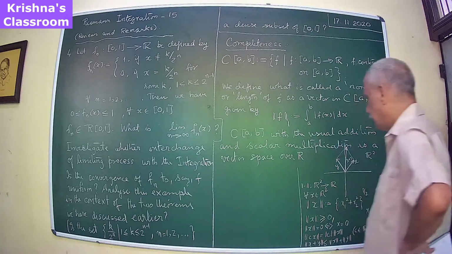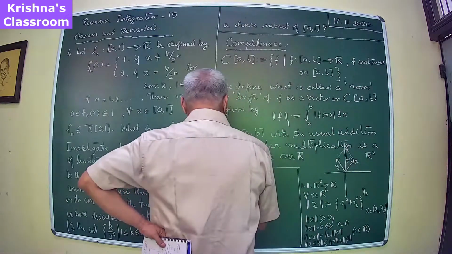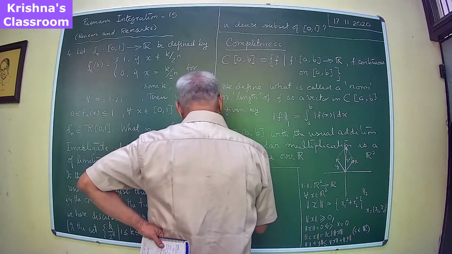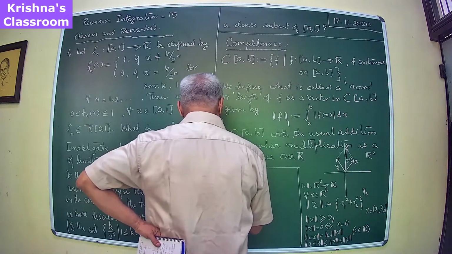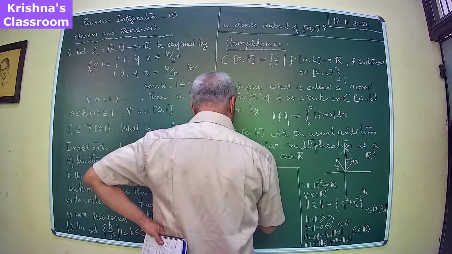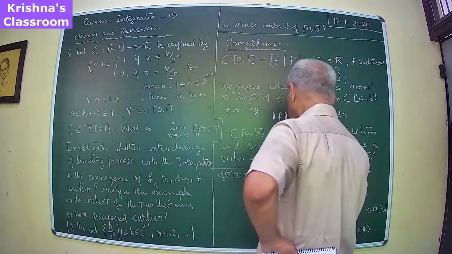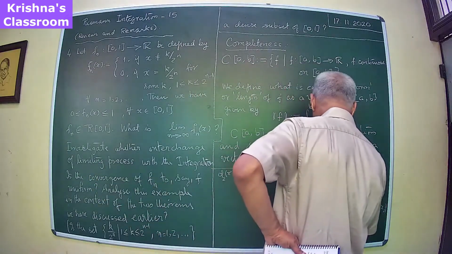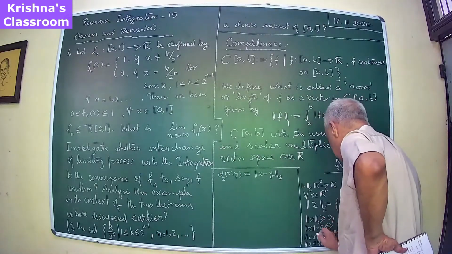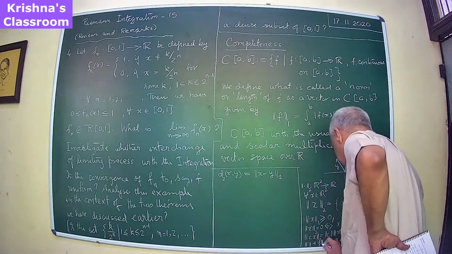And once you have the length, you can write d2(x, y) equal to the norm of x minus y. Because there are other things like d2, although we may not use it.